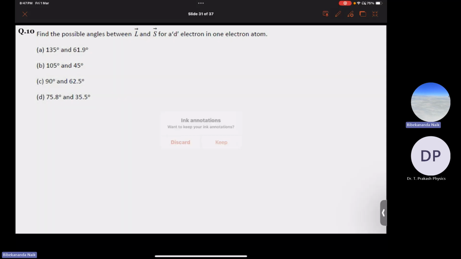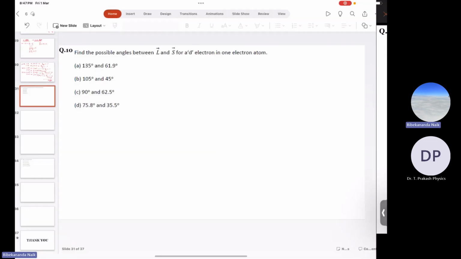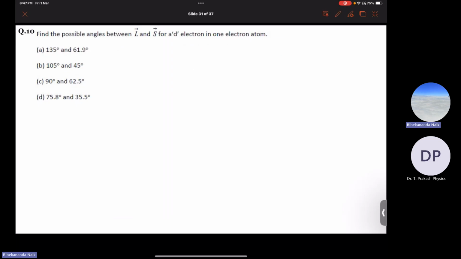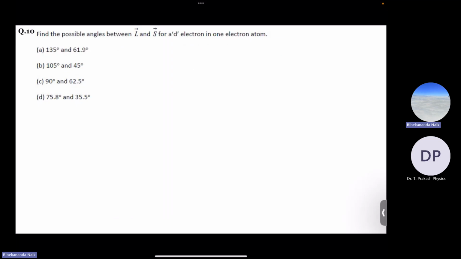The question says find the possible angles between L vector and S vector for a d electron in one electron atom. So what is the term for a d electron? For the electron which is present in D and it is a single electron. First you will determine the term.